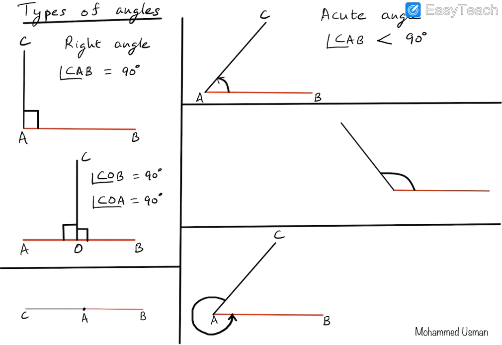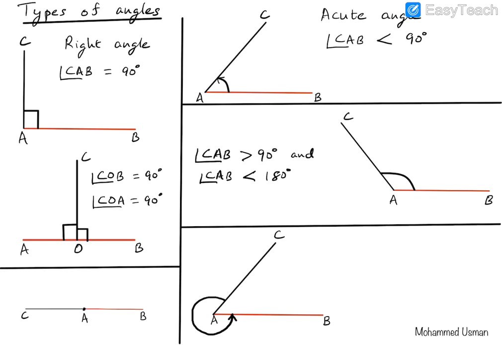Okay, the next type of angle is when the angle between the two lines is greater than 90 degrees but less than 180 degrees. So we'll mark these line segments as say A, B, and C, and the angle between those two lines, which we can denote as CAB, in this case is greater than 90 degrees, and also angle CAB should be less than 180 degrees.